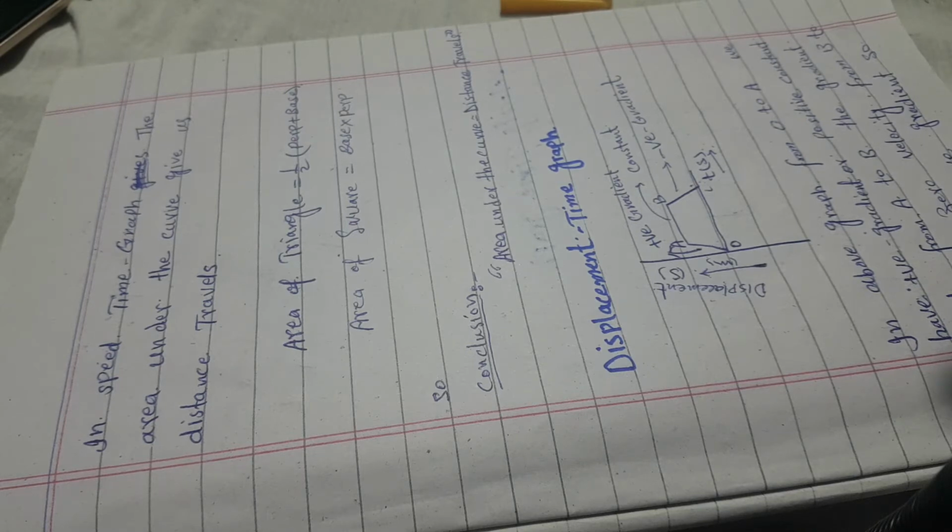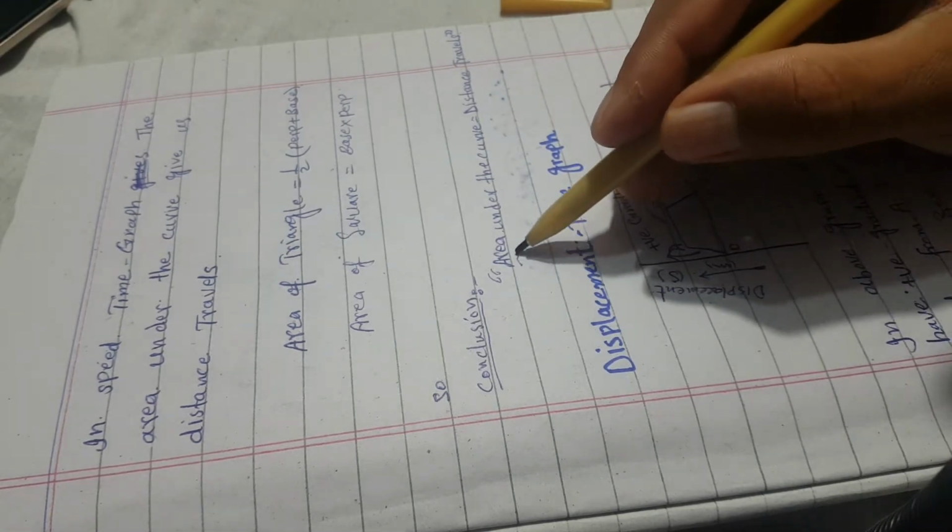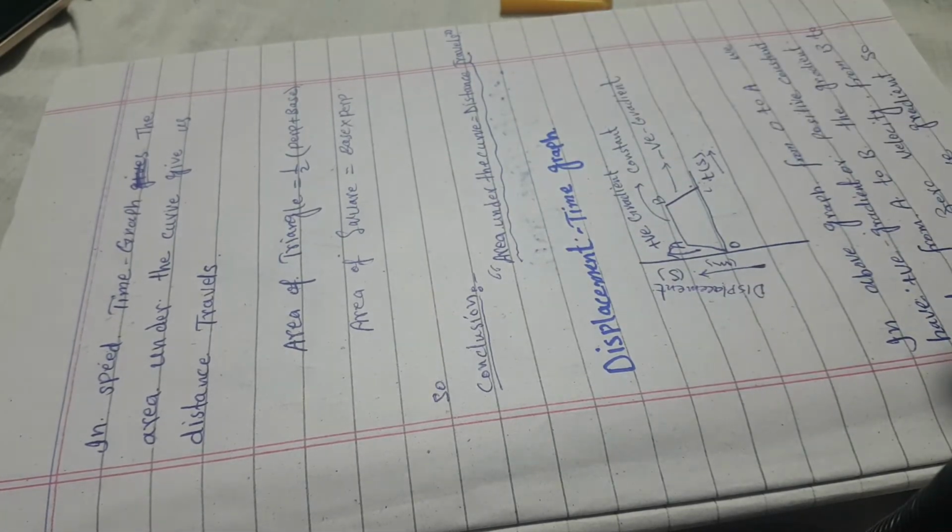So the conclusion from the velocity time graph: the area under the curve is equal to the distance traveled. Very important point.